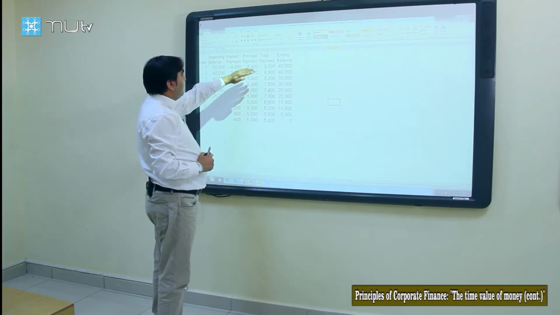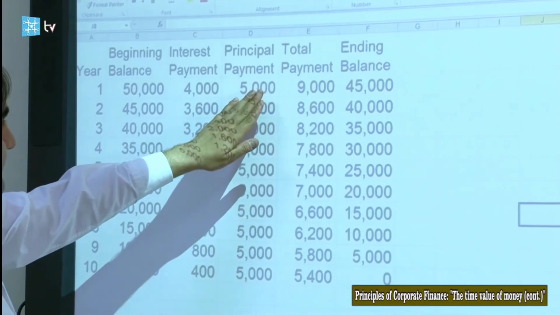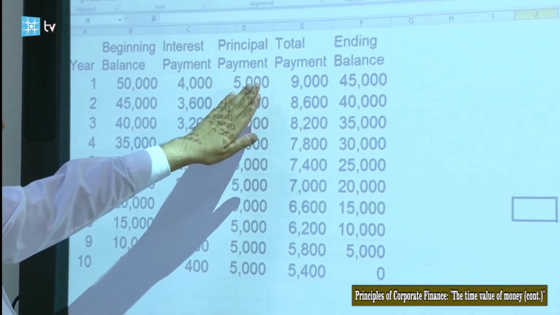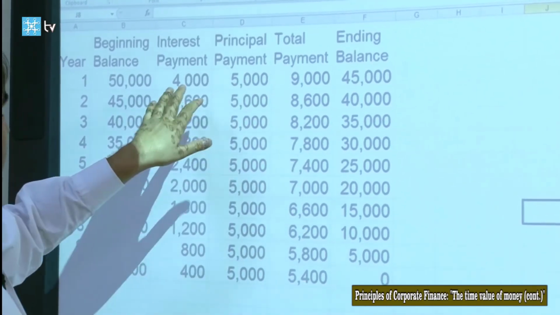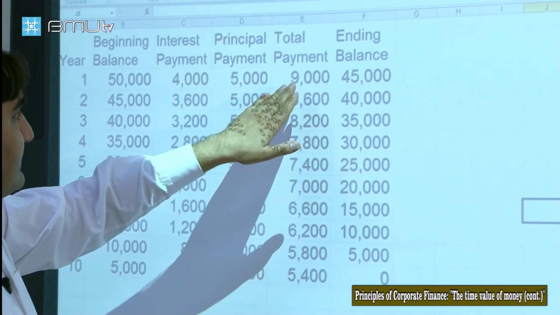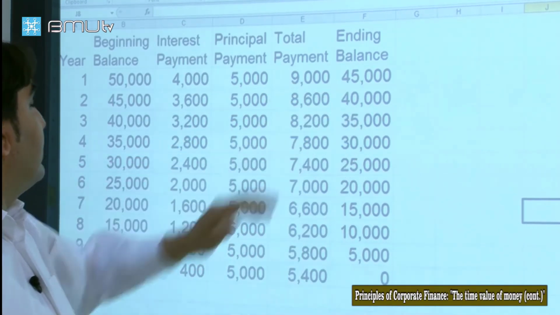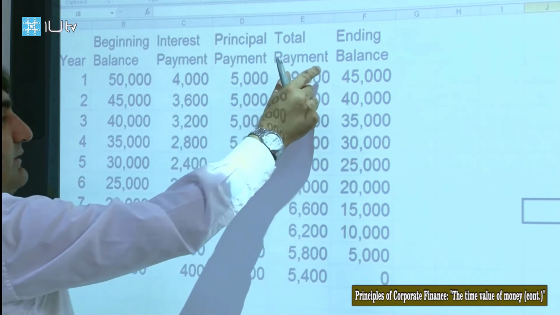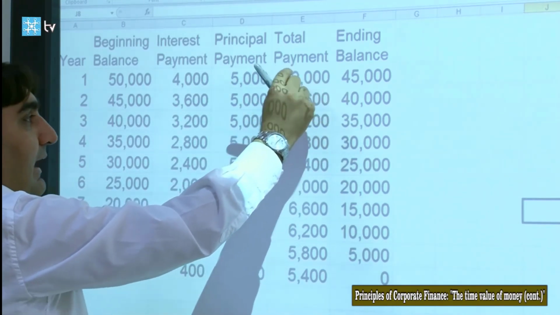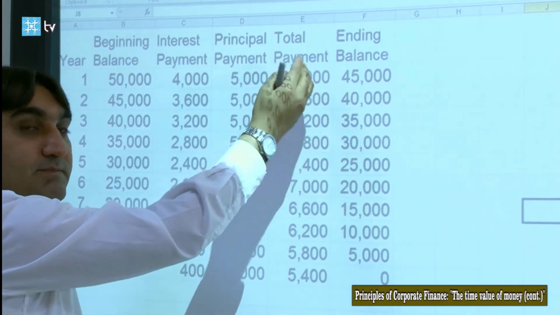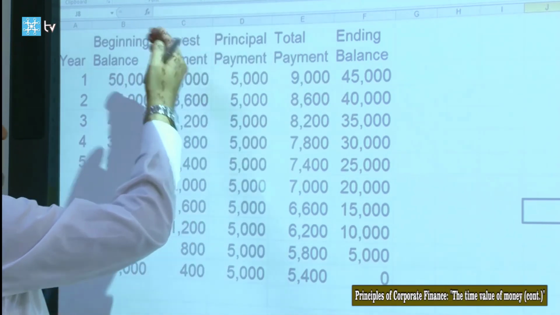We pay a fixed amount of 5,000. So it means that we pay a total of 9,000. Our ending balance is 45,000. We paid 9,000 in total, and 5,000 of this payment is principal payment.